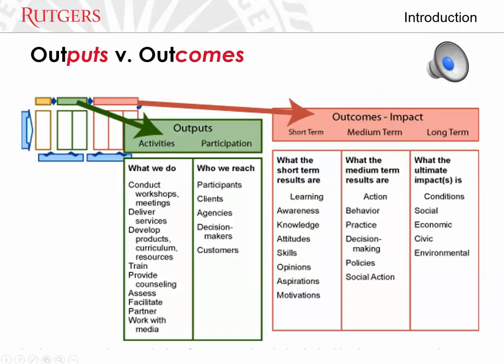Outputs are what we do and who we reach. Outcomes say what difference does it make what we do and who we reach. In the past, strategic planning has focused on outputs, even though the origins of strategy have dealt with outcomes.